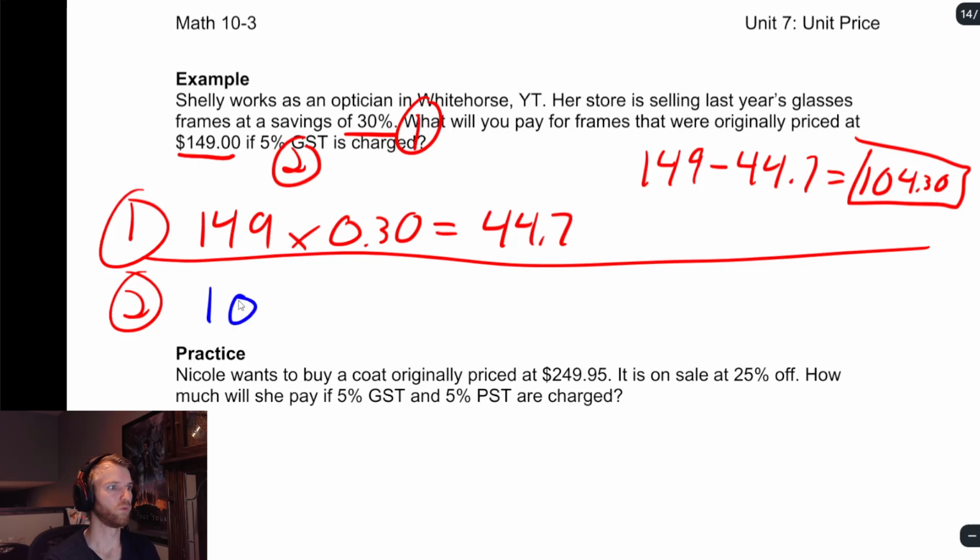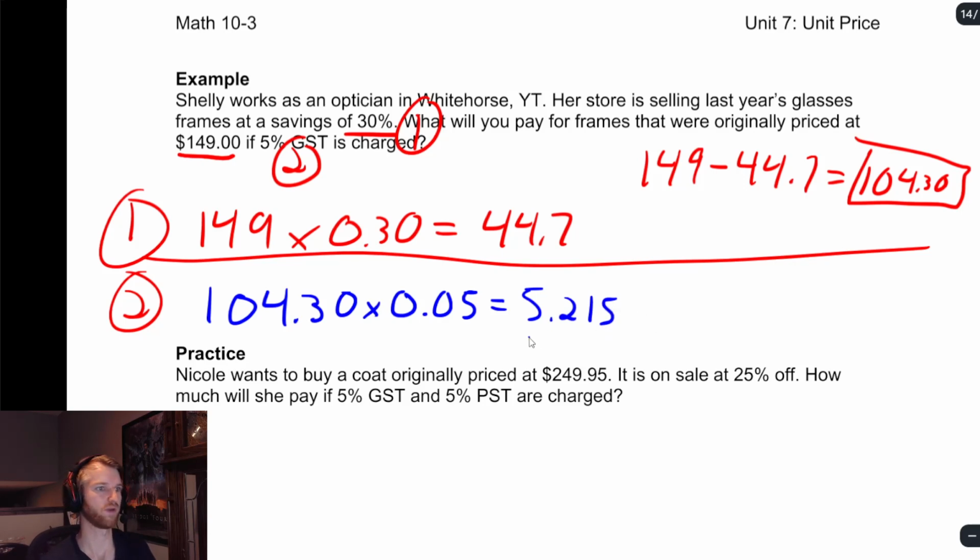So $104.30 times 5% GST, so 104.30 times 0.05 is $5.21. I'm just going to round that to $5.22. That's how much GST we're being charged on top of that price.